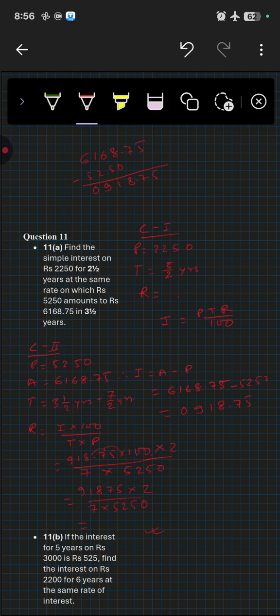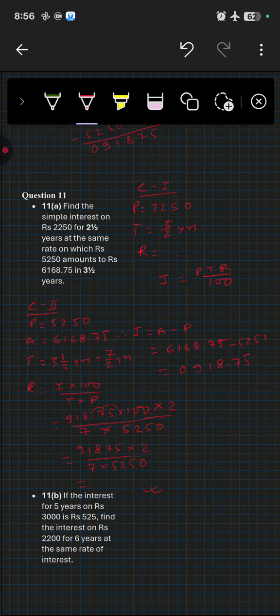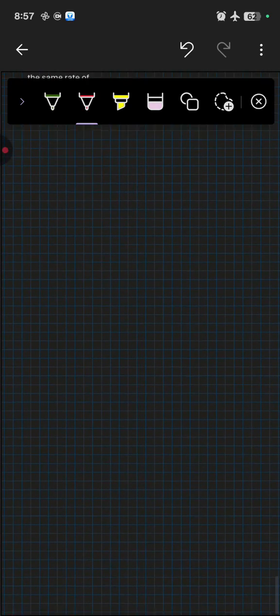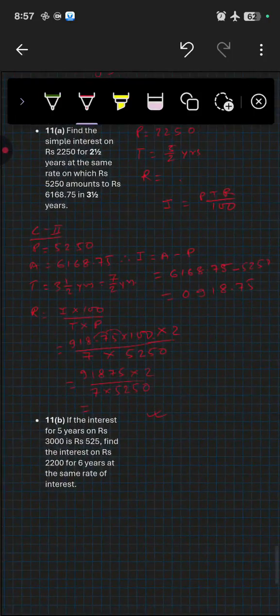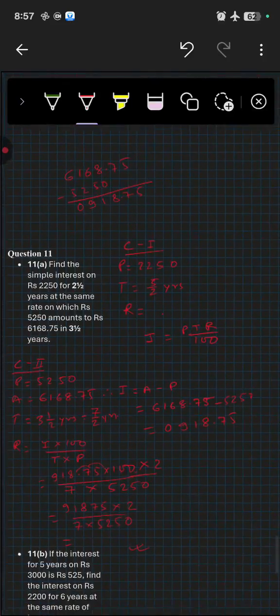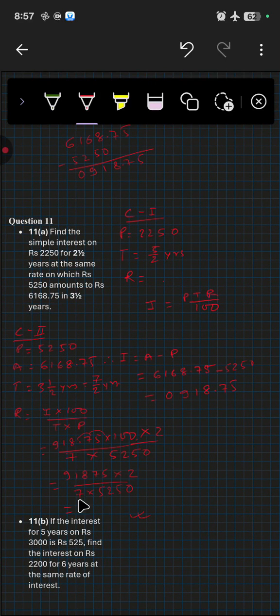Let's go to the next number. It's very simple. Now you need to reduce by using a calculator. You can reduce it and keep it over here and get the answer. Okay, this is the last, I think. So let me reduce it.